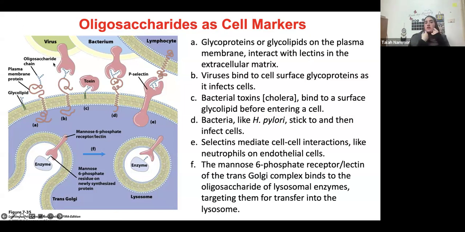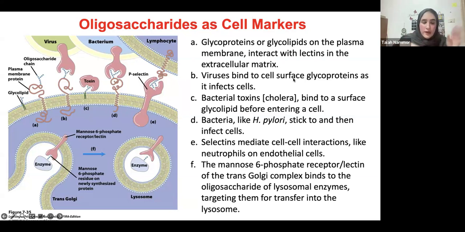just for general knowledge. Okay, so A, what does it say? You have to know also that oligosaccharides usually are bound to proteins to form glycoproteins, or they're bound to lipids to form glycolipids, and these help in formation of cell markers. So for A, it says glycoproteins or glycolipids on the plasma membrane interact with lectins in the extracellular matrix.